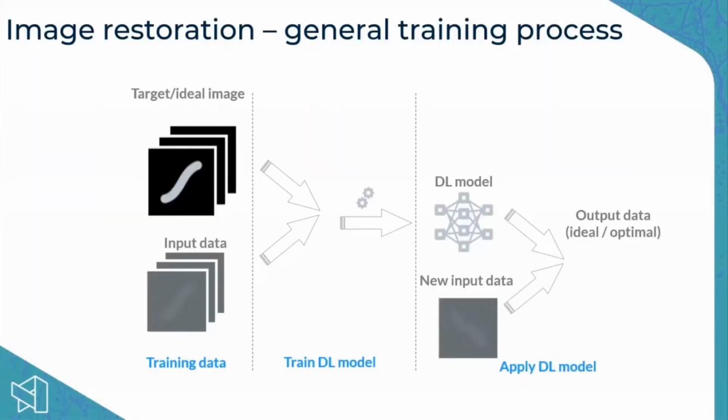So the concept is actually pretty similar. Instead of annotations, the ground truth is high quality data, or the target data, what I sometimes call target data, because that's what you want to get at the end. And the input data is low quality. Low quality essentially means you would love to be able to image without damaging the sample, for example, very, very fast.